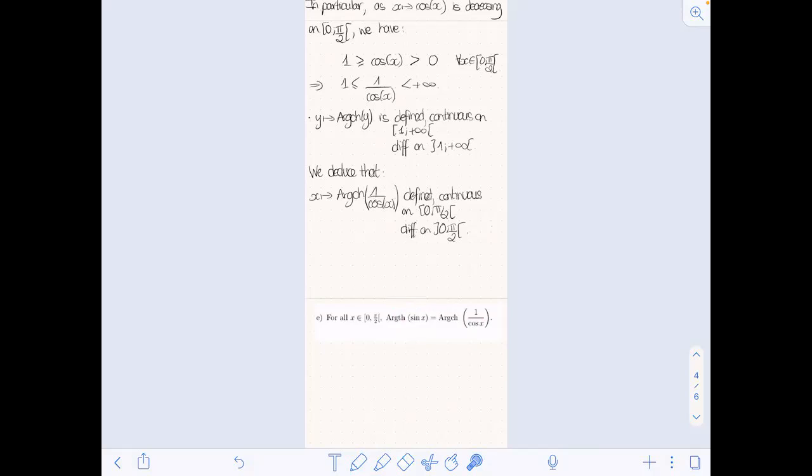Do you have any idea about how we could use the previous reasoning and the previous method to do this? If their derivatives are equal and they have one point where they have the same image, then they are both equal.